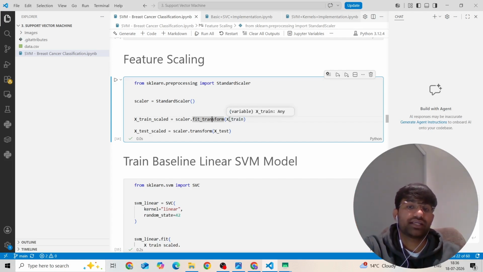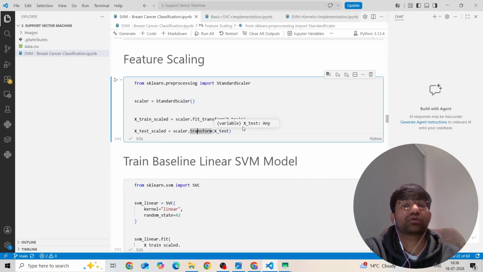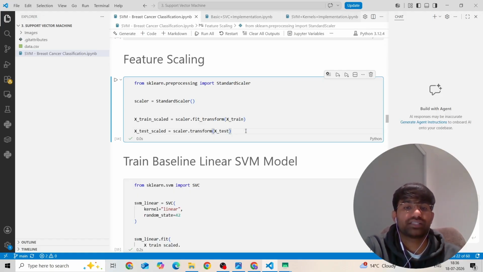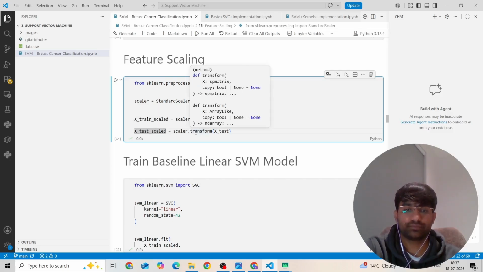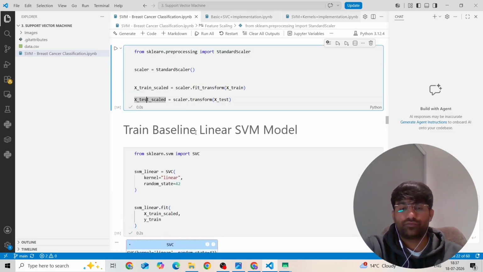But the test data I will only transform. I don't fit it because I don't want data leakage. To avoid data leakage, it is very important you only transform the test data, not do fit and transform.